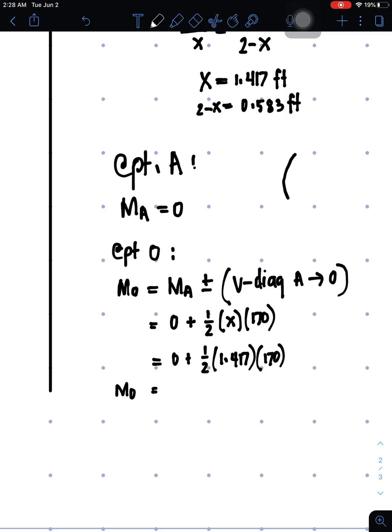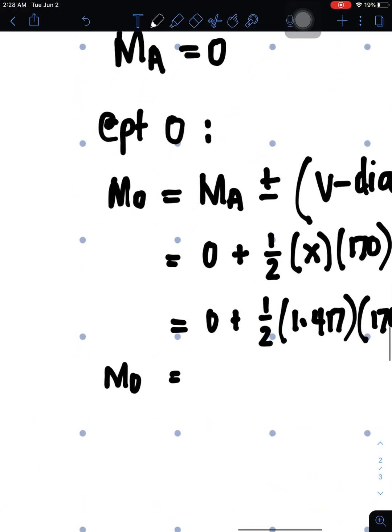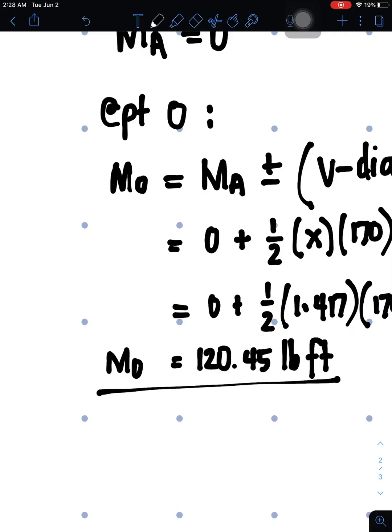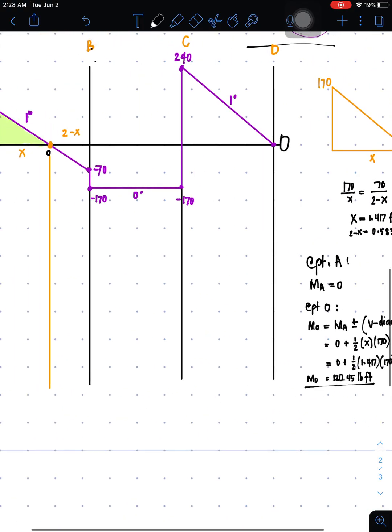The answer is 120.45 pounds-feet. That's MO, no?